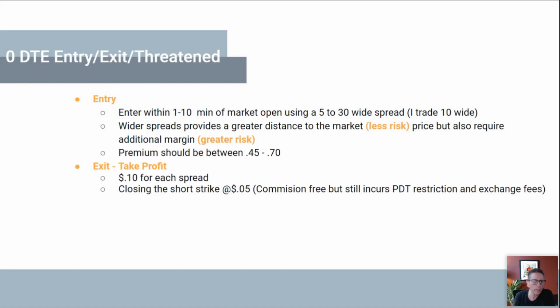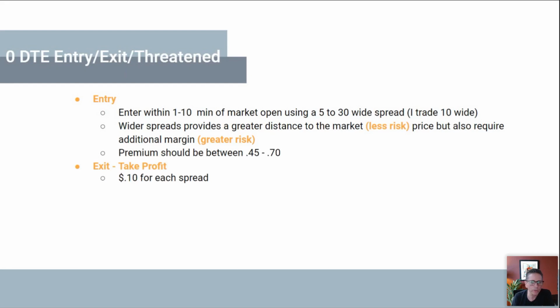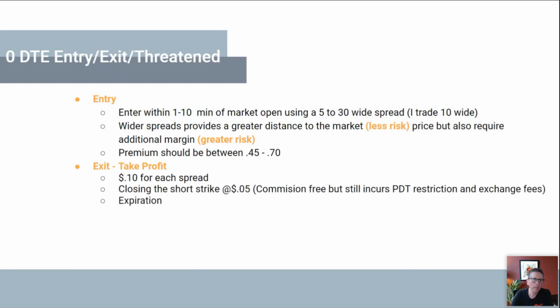It gives you a better, or less cost for the premium, but it's still restricted to PDT restrictions. Okay, and expiration is the other one that you can use, and we do that a lot. All right, we just let it expire.